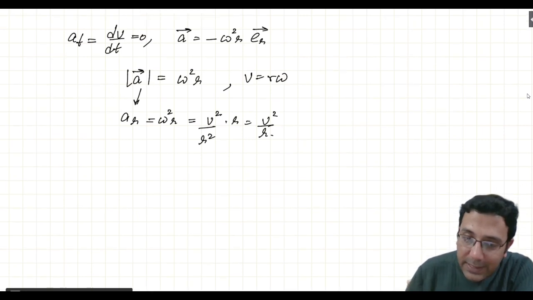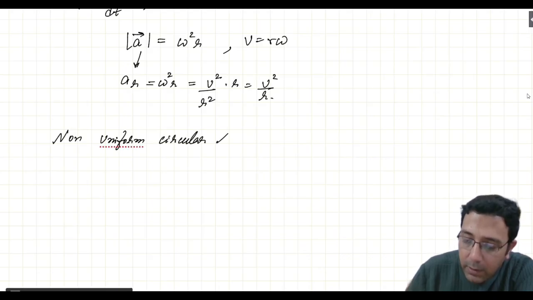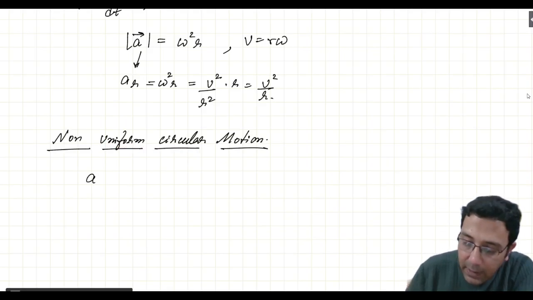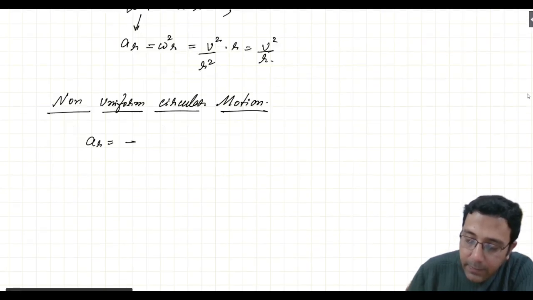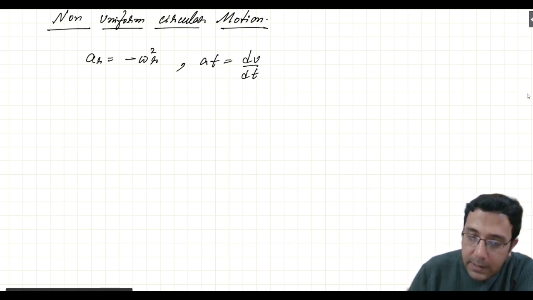Now if it is non-uniform circular motion, in that case AR is minus omega square r and AT will be dv by dt.